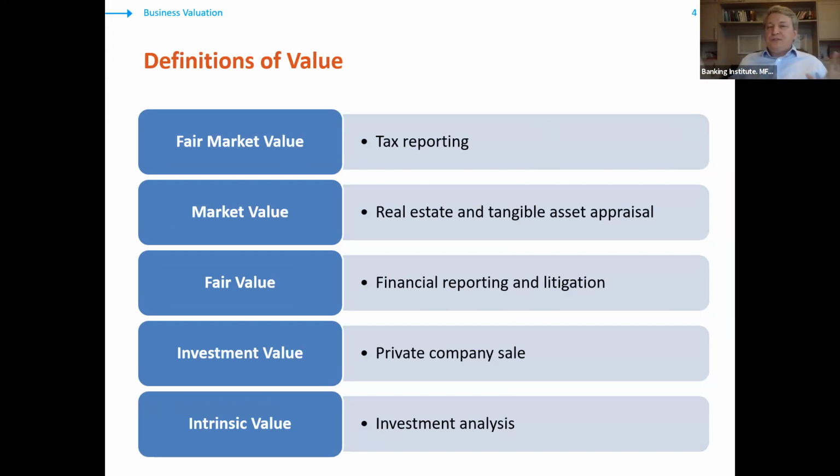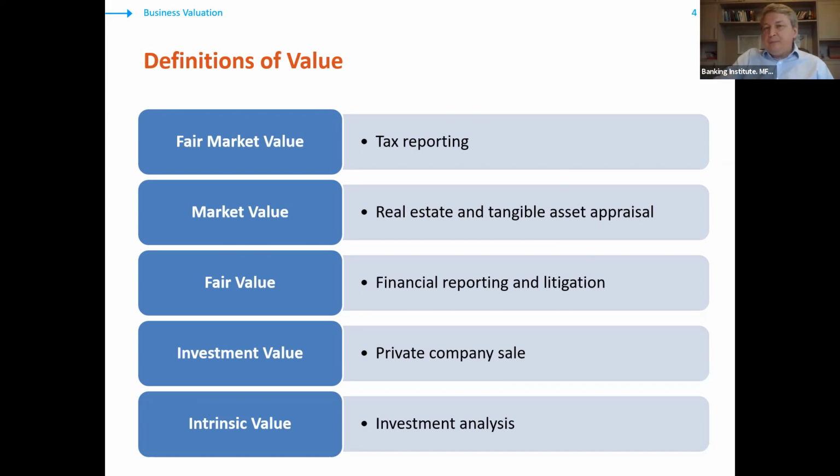And with those different reasons to value the company, the definition of this value will be different as well. For tax reporting, for example, we usually use the term fair market value. For real estate, we use the term market value. In financial reports or litigation, we use the term fair value.